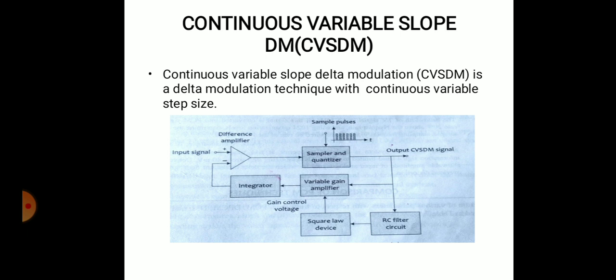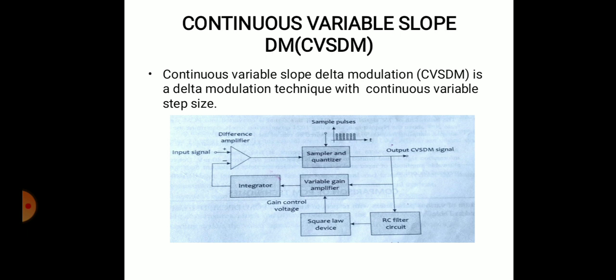And there is also an RC filter circuit which is fed to a square law device, and the output of this square law device is passed through a variable gain amplifier. So this is the basic block diagram of a continuous variable slope delta modulation circuit.